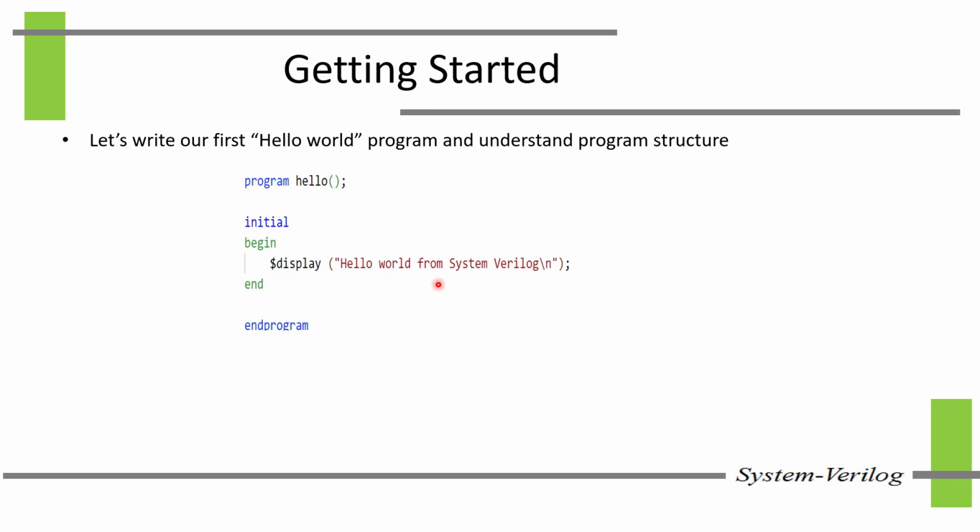But in Verilog, we do not have the program construct. In Verilog, we use module. In SystemVerilog also you can use module. I have just used the program to distinguish between Verilog and SystemVerilog. What exactly the program block is, I will cover later. So for now, just try to compile this program by setting your environment.